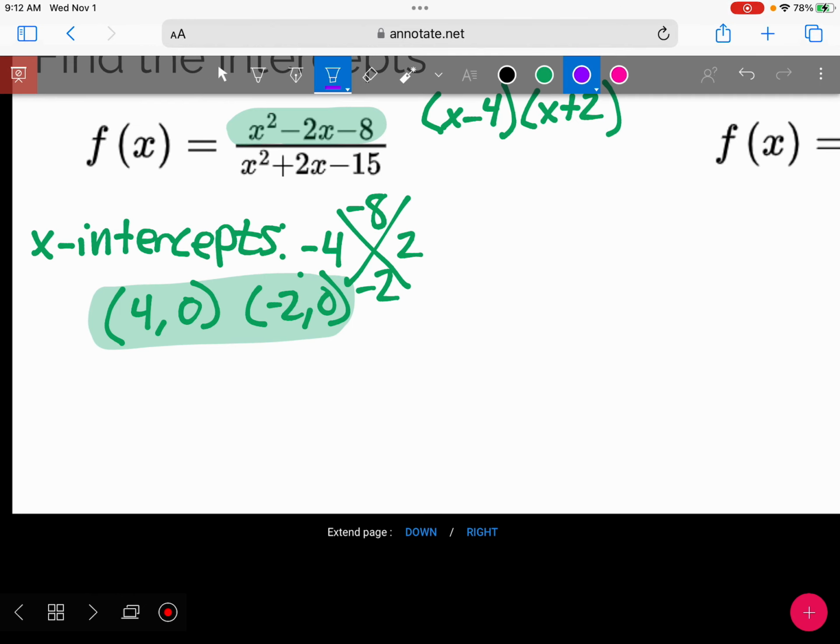To find our y-intercept, which we should only ever have 1, we substitute in 0. Zero squared minus 2 times 0 minus 8 over 0 squared plus 2 times 0 minus 15.